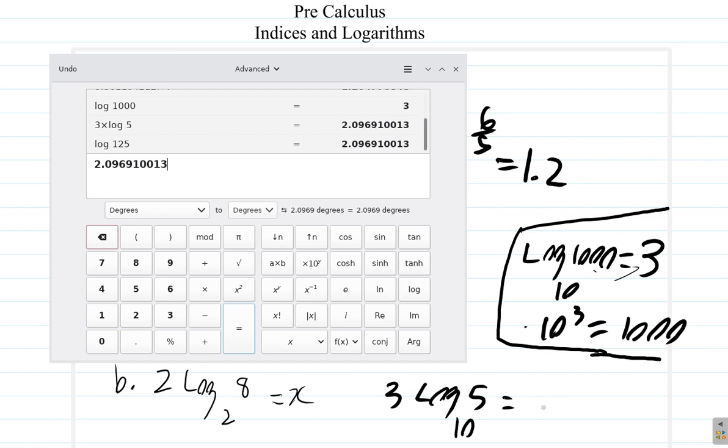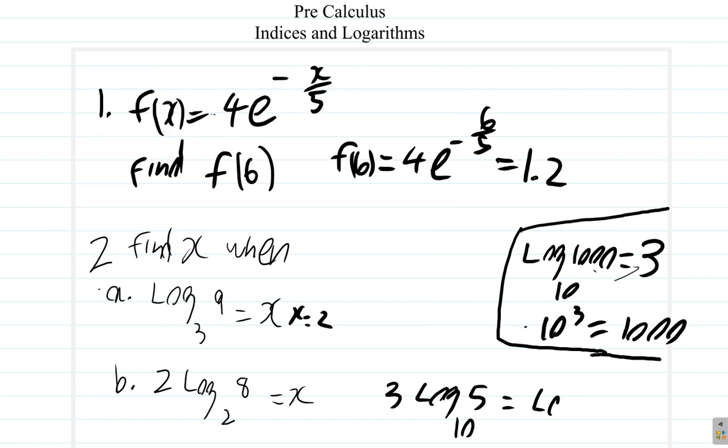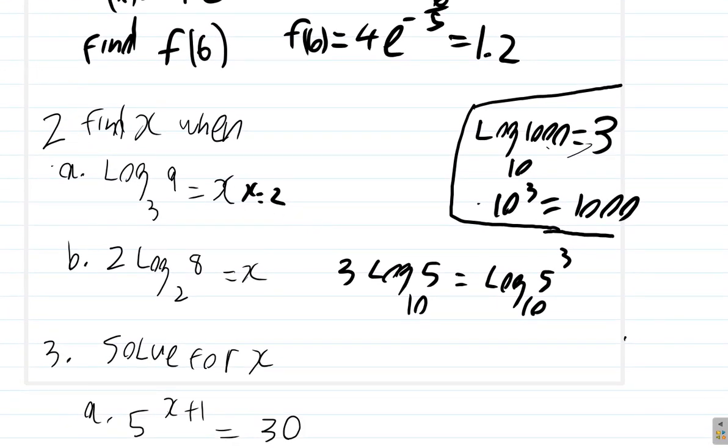Now, this means the same as the log of 5 to the 3, and the base is 10, right? You use the same argument here. I'm going to say 2 log 8 with the base 2 is the same as log 8 to the 2, and the base is 2, right? Equals x. Make sure you follow.